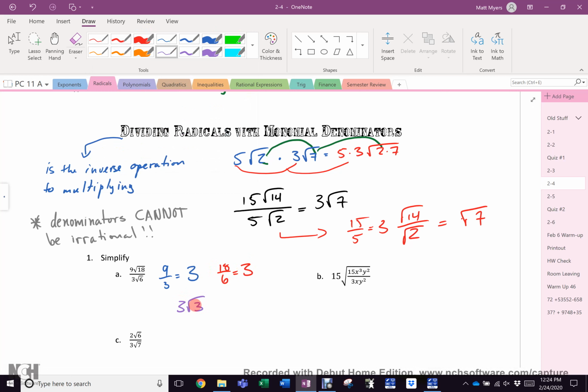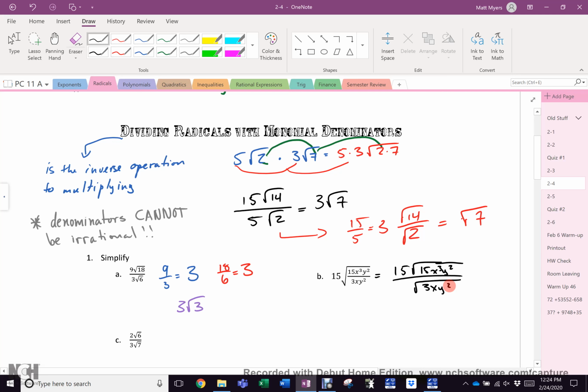Okay. Is there anything different about B? It is written differently, but is it the same? If I were to rewrite B in a more pleasing to the eye version of it, it would be 15 root 15x cubed y squared over the root of 3xy squared, yes?